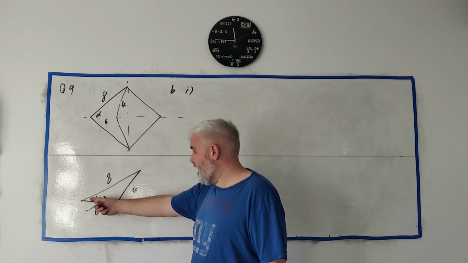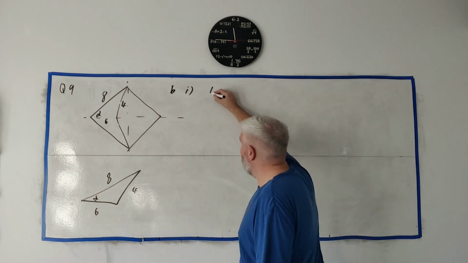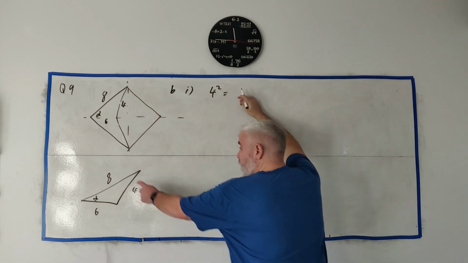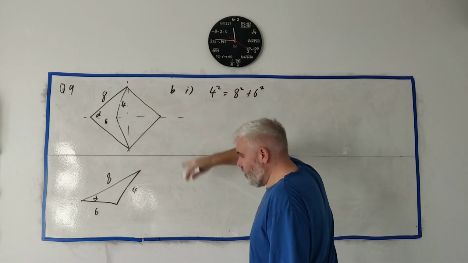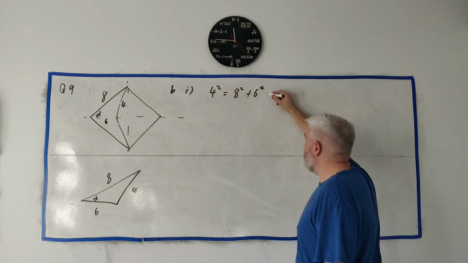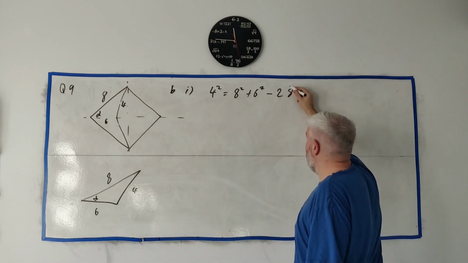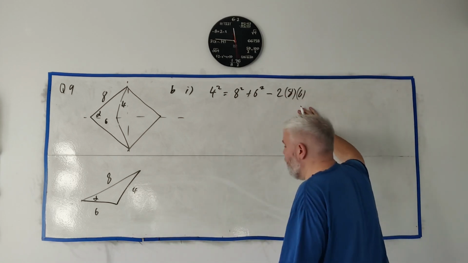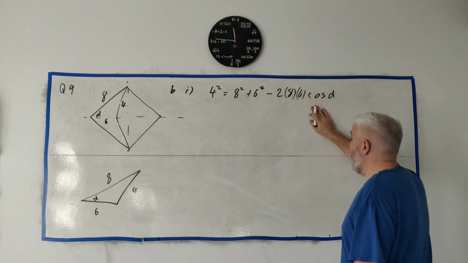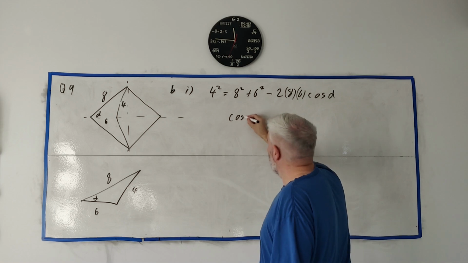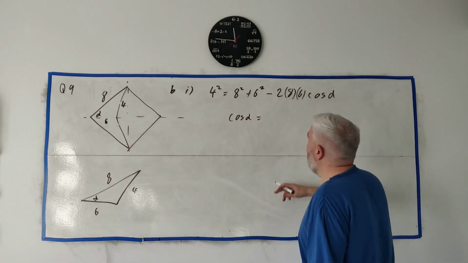If we're going to be using this angle, or finding it, we better use the length across from it as the starting point. So that's 4 squared is equal to the other 2 lengths squared, 8 squared plus 6 squared, just like Pythagoras' theorem. What makes it different is we then take away 2 times these side lengths, and multiply by cosine of this angle, alpha. Just rearrange that. We'd end up getting cosine alpha would equal, let me see, I've written it out here.